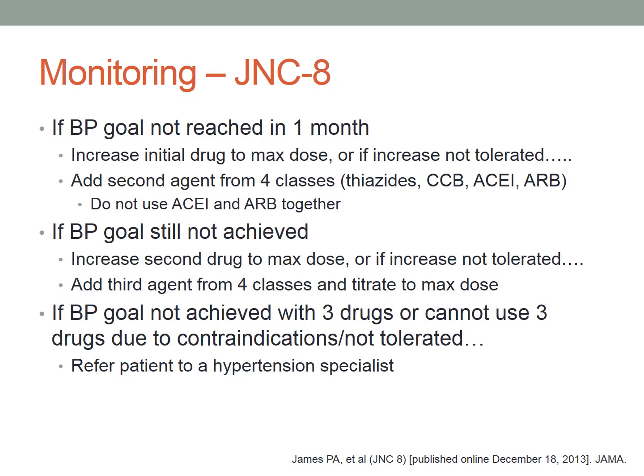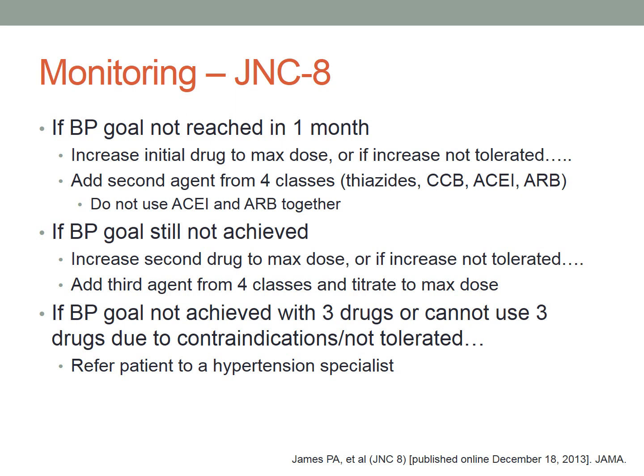The guideline authors also make recommendations for monitoring your patients. They say that if your blood pressure goal is not reached within 1 month, then it's time to either increase the initial drug to the max dose, or if the increase is not tolerated, add a second agent from one of the 4 classes based on your patient characteristics.